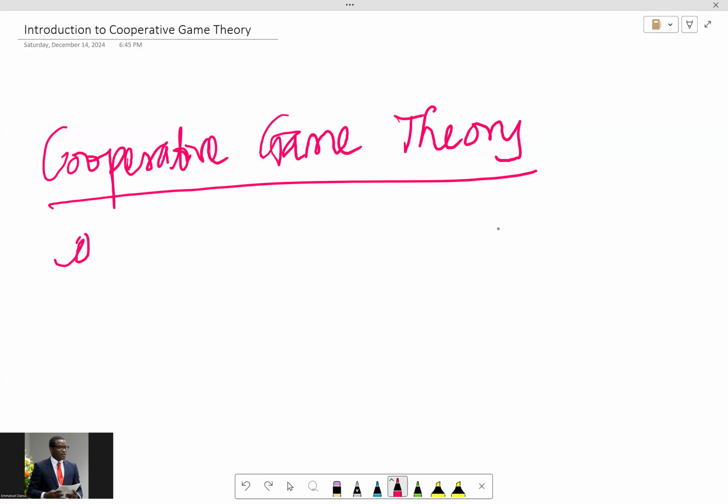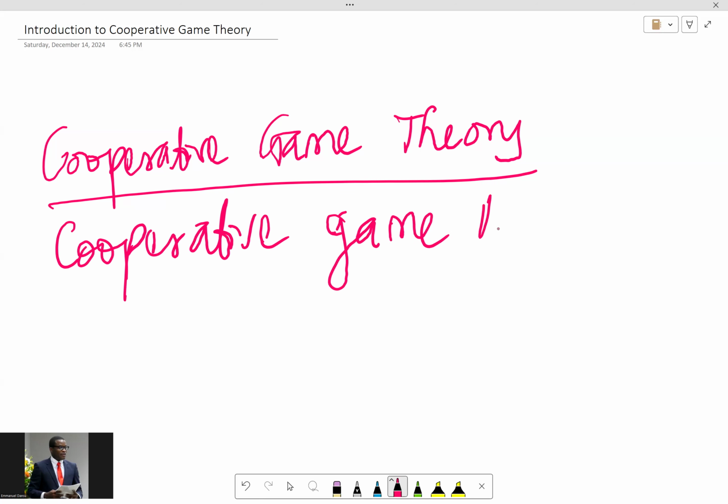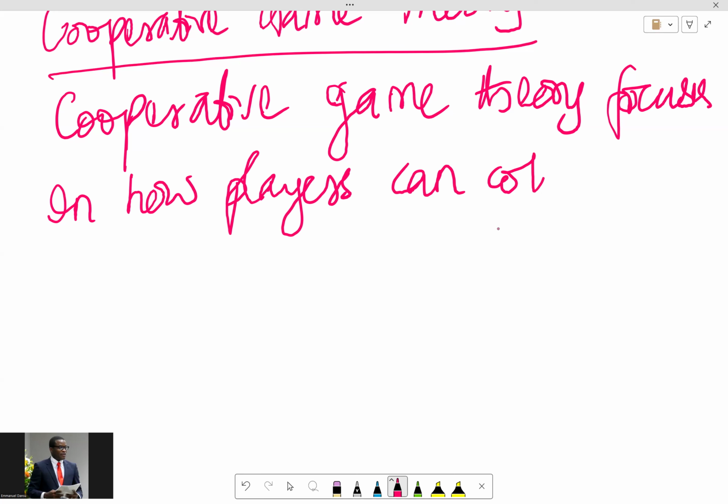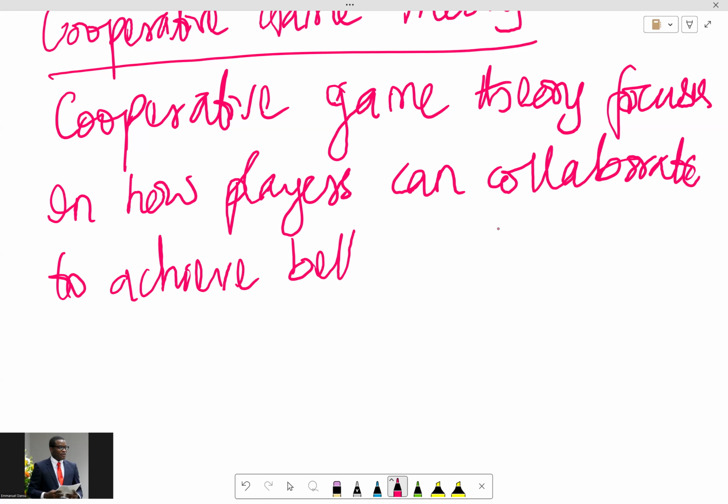Cooperative game theory focuses on how players can collaborate to achieve better outcomes than acting alone.